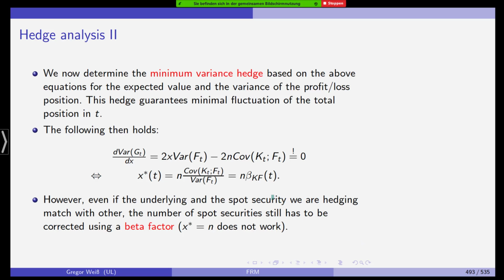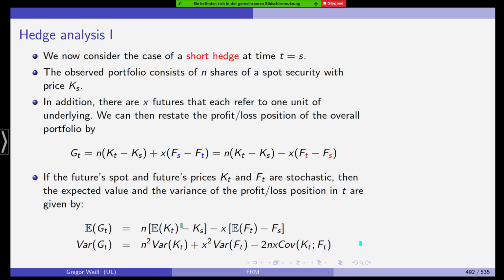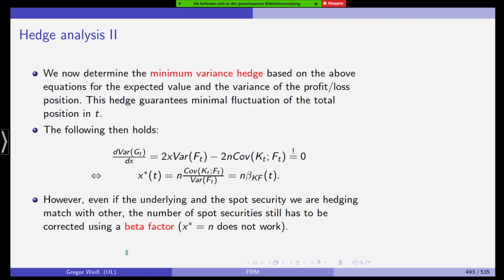So we have a hedge that guarantees minimal fluctuation of the total profit and loss position. Very simple. You take the variance, take the first derivative with respect to X. We get 2X times the variance of FT minus 2N times the covariance. We set it equal to 0, solve for X, and we get N times a certain beta factor, KF, for the German Korrekturfaktor. We still have that in German. We should probably change this.